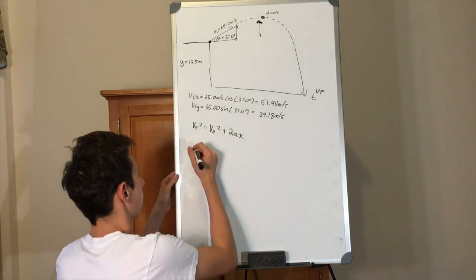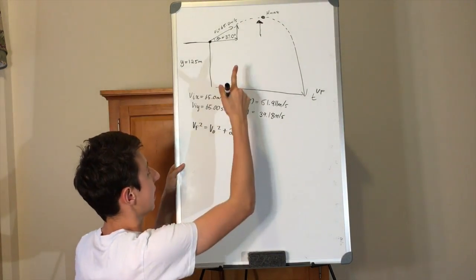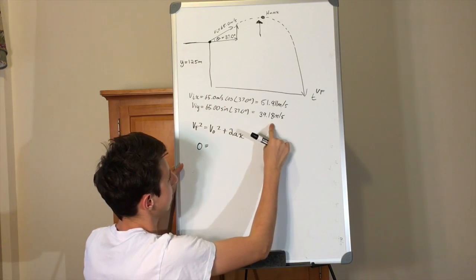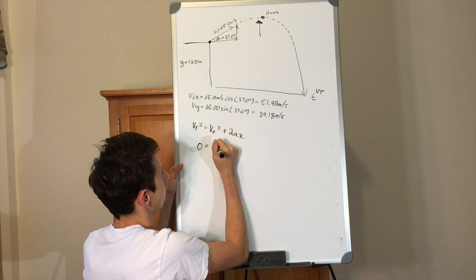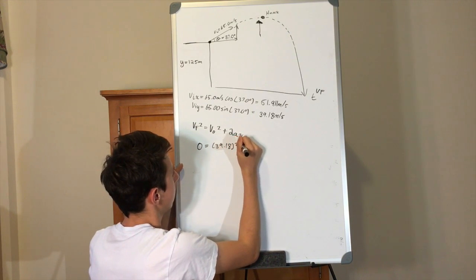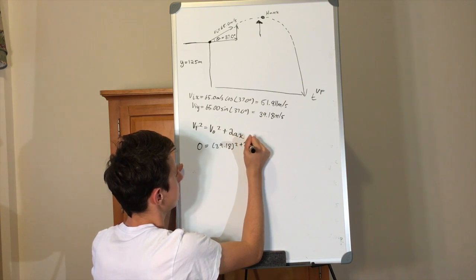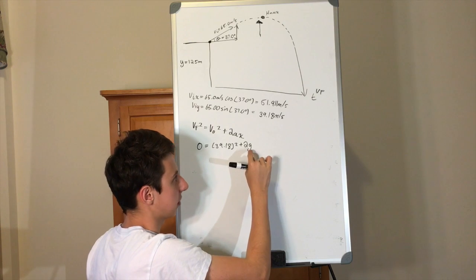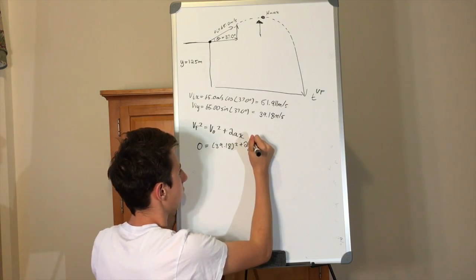So our final velocity at the maximum height we know is 0. Our initial velocity is 39.18 meters per second, squared, plus 2g. Since we're speaking in terms of y, we have acceleration in terms of y, which is g, y.